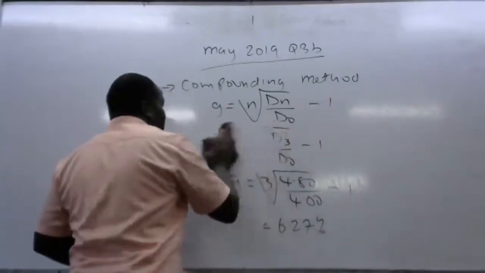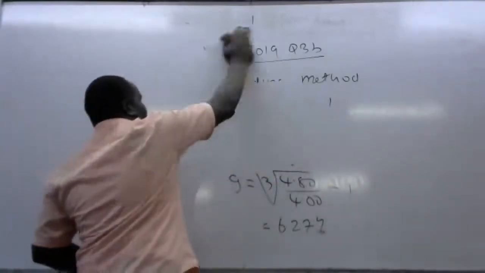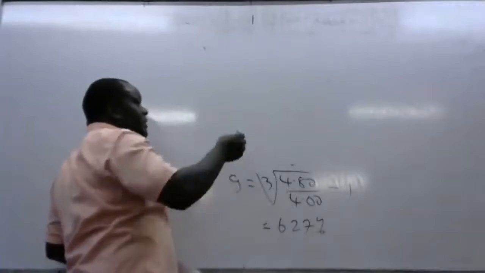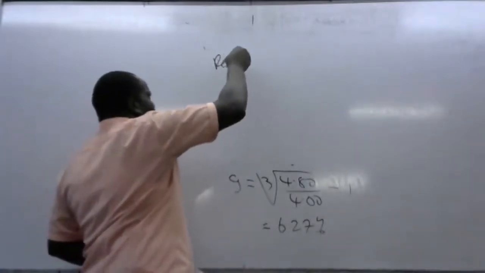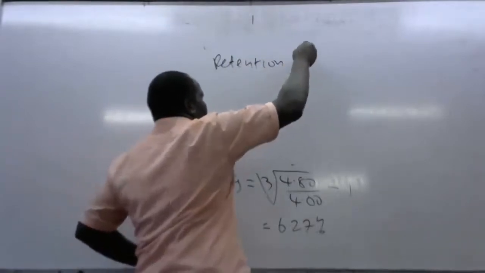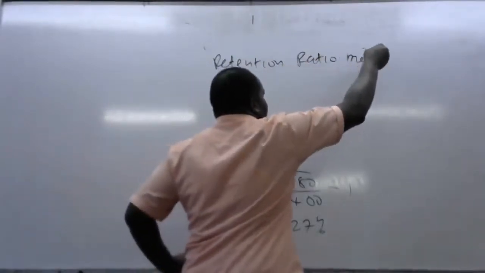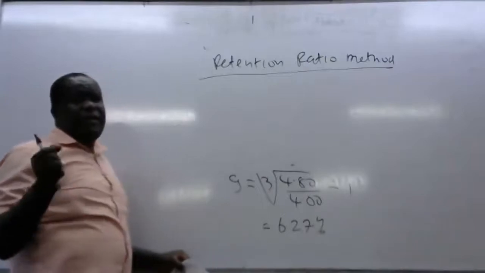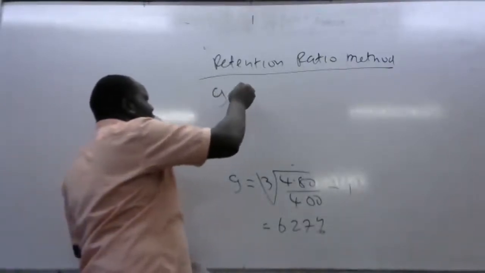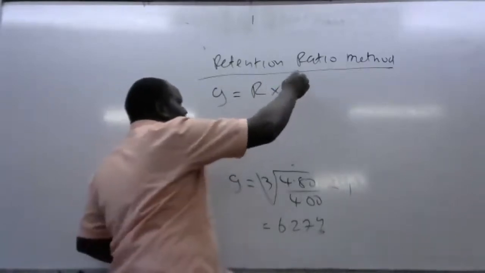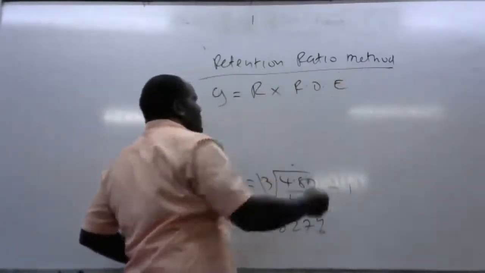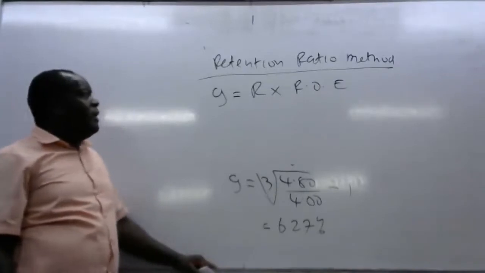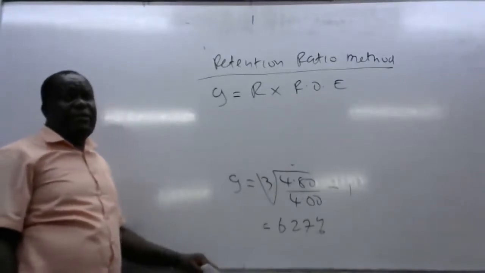When applying the retention ratio method, G is given by R, the retention ratio, multiplied by the return on equity.